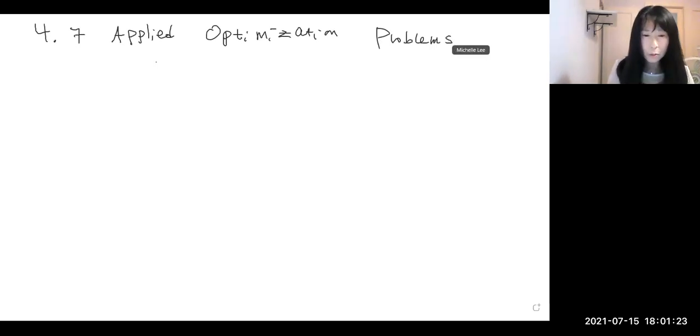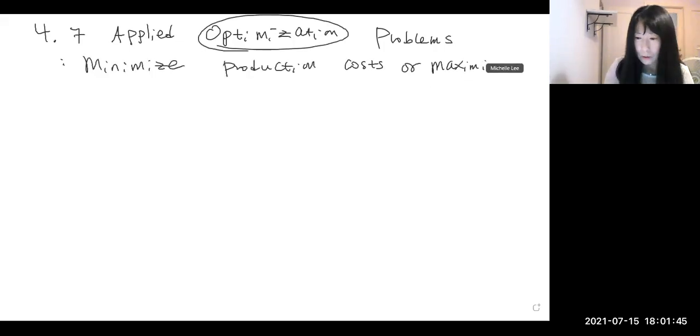So in this section, we do minimize production, optimization means minimize production or minimize revenue.